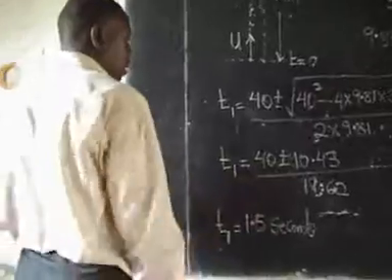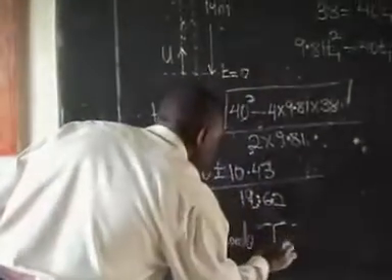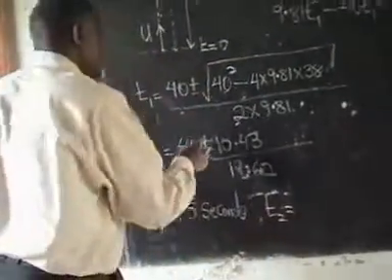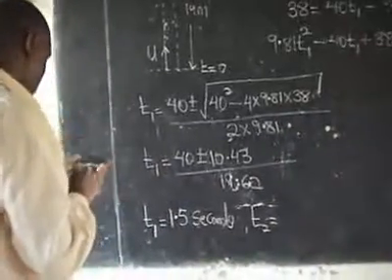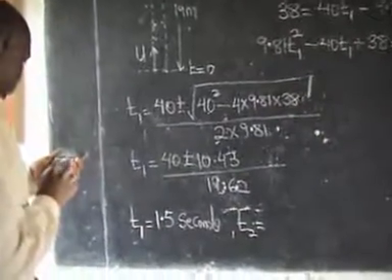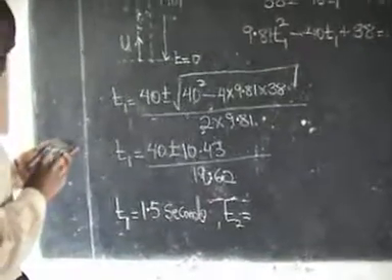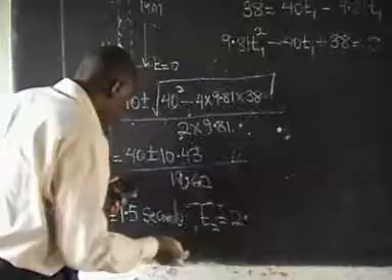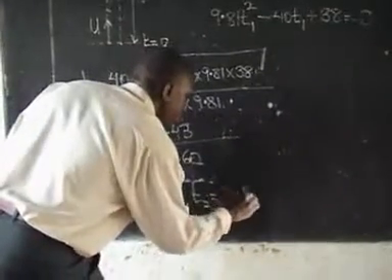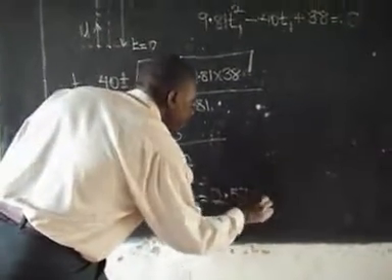That's when I use the minus. And therefore t2 is when I use the plus, and it is 2.57 seconds.